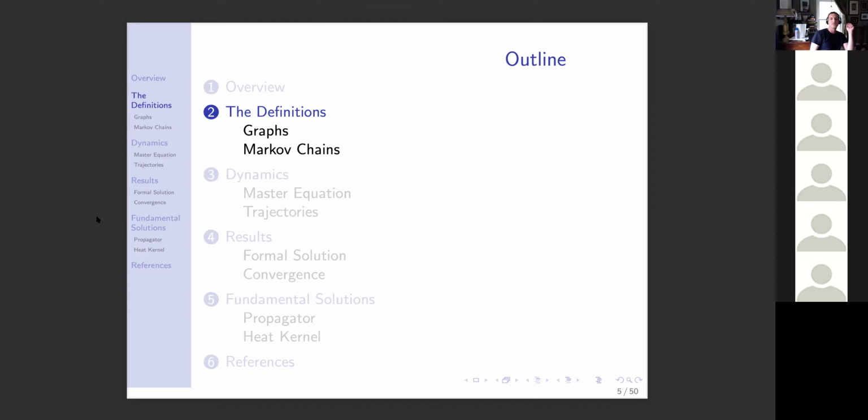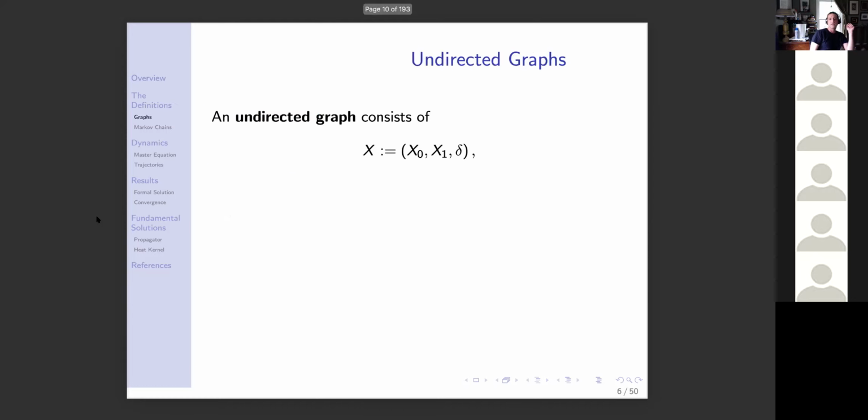Okay, so here are the definitions. I want to first of all start talking about undirected graphs. This is in the sense of graph theory or networks. And what's an undirected graph?